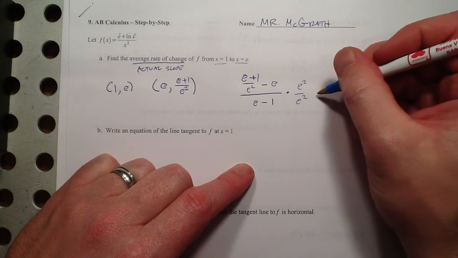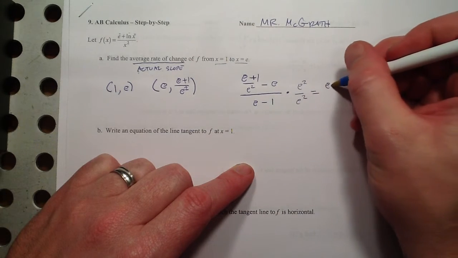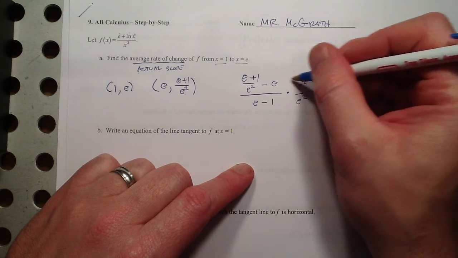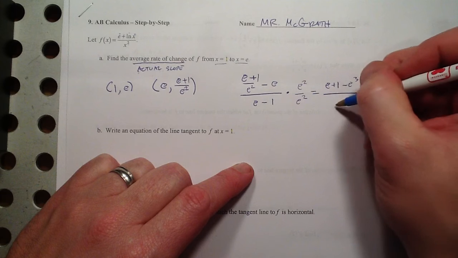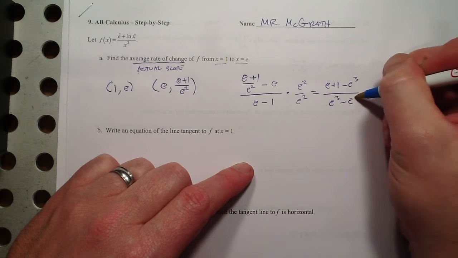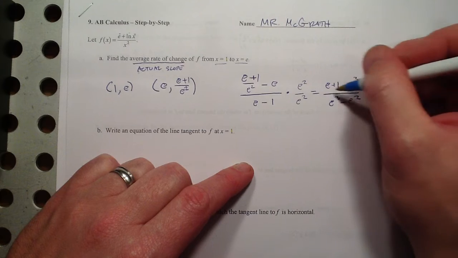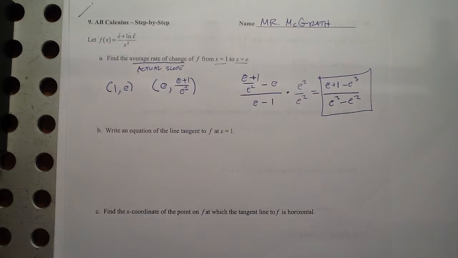Distributing gives me e plus 1 minus e cubed over e cubed minus e squared. And that looks a little better to me, we don't have a fraction in a fraction in a fraction.